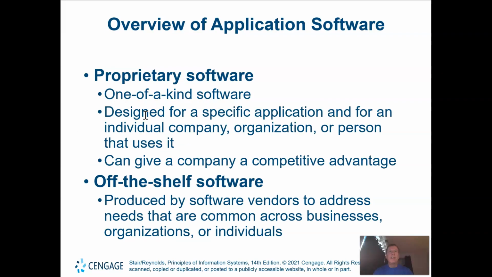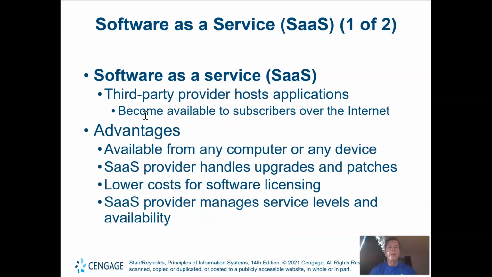There is proprietary software, which is one-of-a-kind software, probably made by your company itself. And then there's off-the-shelf software. I can go out and buy Microsoft Office, and I want to have a license. I want to have a license for any open source software that I use, and a license for any off-the-shelf software that I use as well.